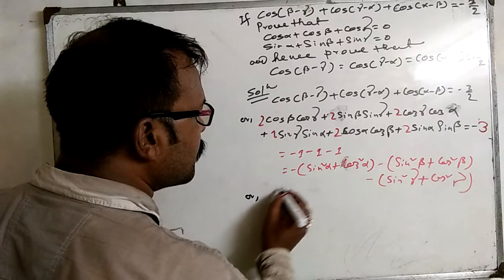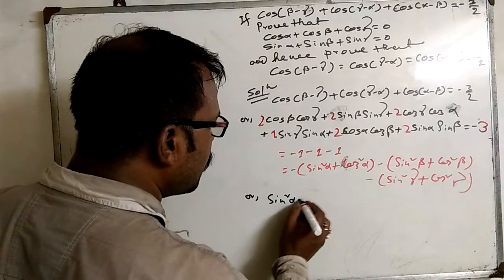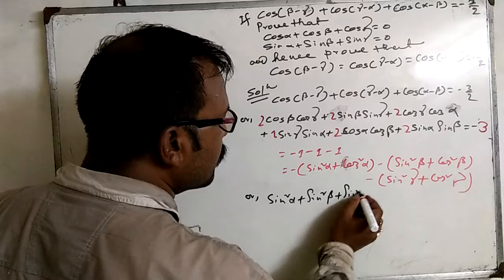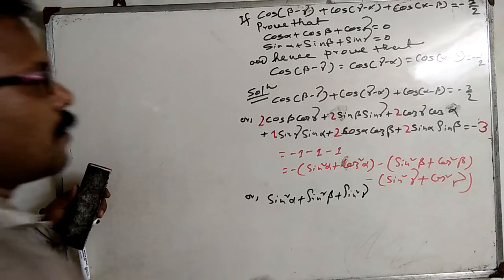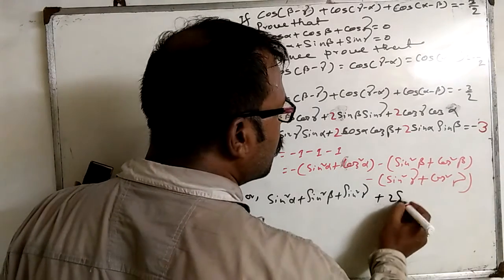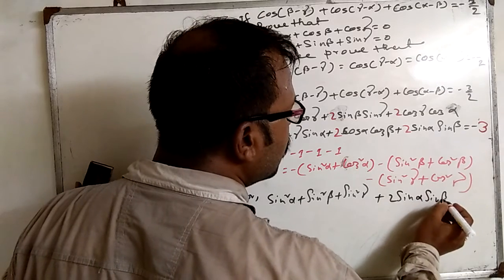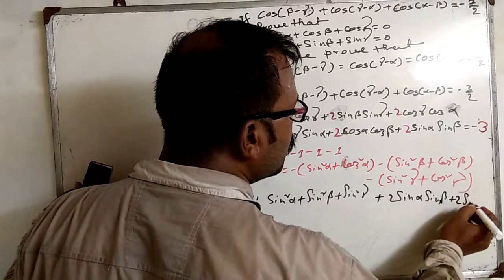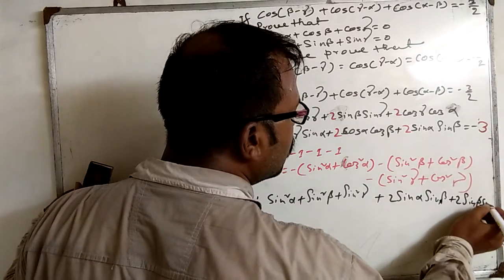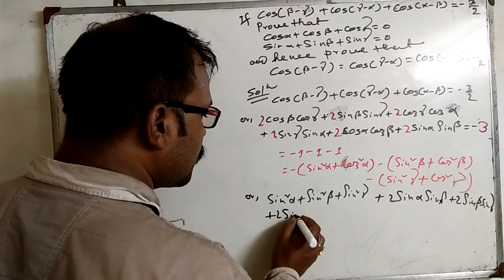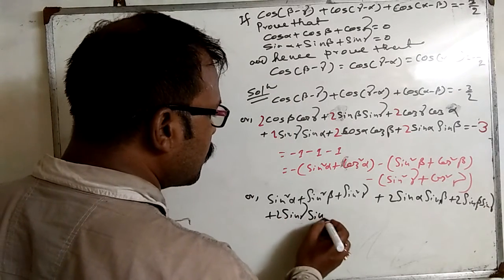We can write sin square alpha, sin square beta, sin square gamma plus 2 sin alpha sin beta plus 2 sin beta sin gamma plus 2 sin gamma sin alpha.